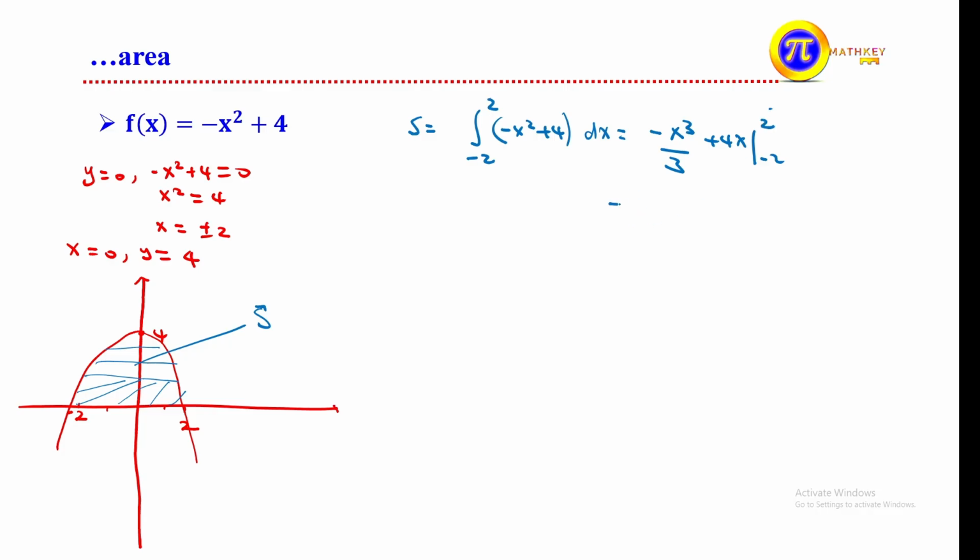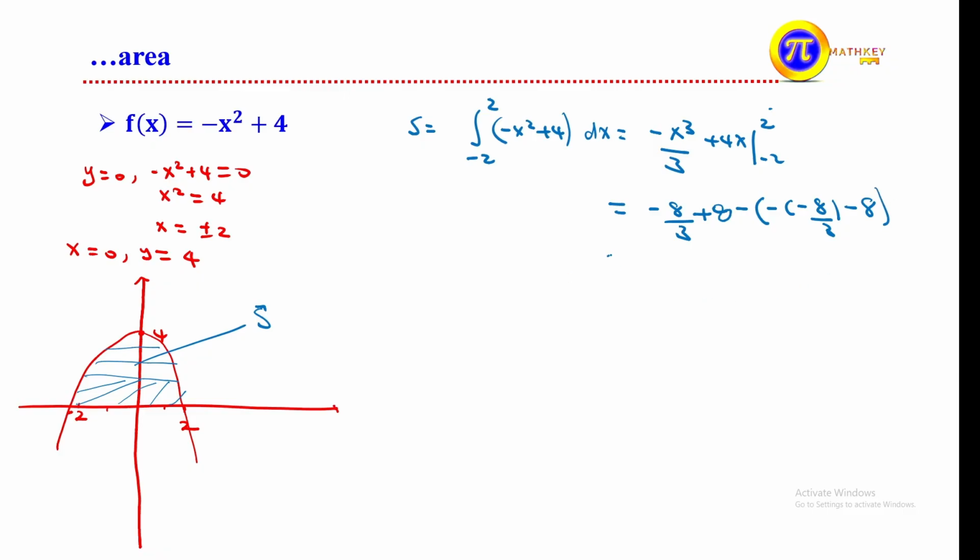When inserting the value, that means negative 8 over 3 plus 4 times 2, that is 8, minus, when inserting negative 2, this becomes negative of negative 8 over 3, plus negative 8, since negative 2 times 4 is negative 8.